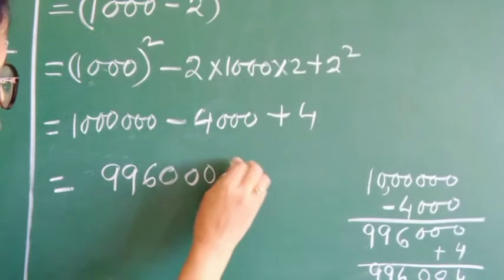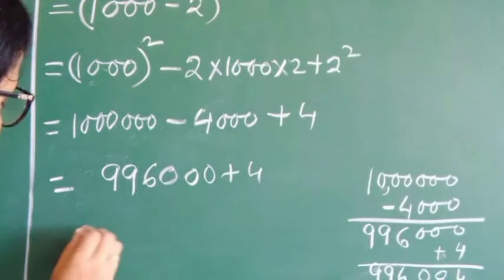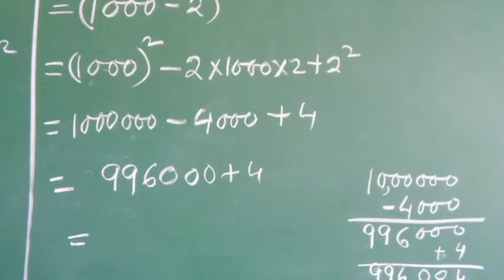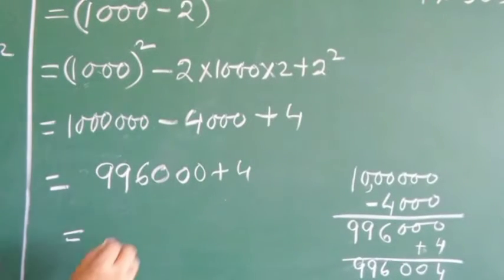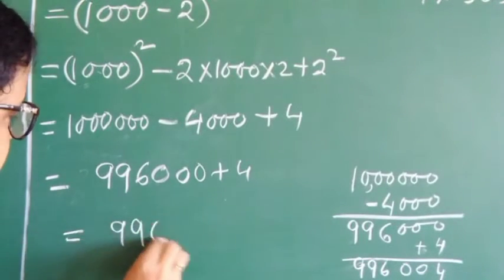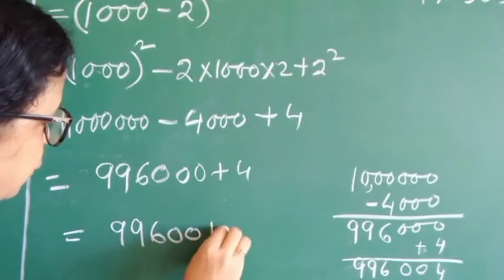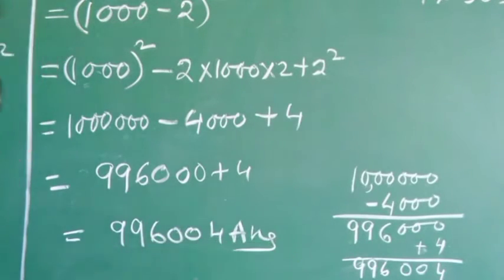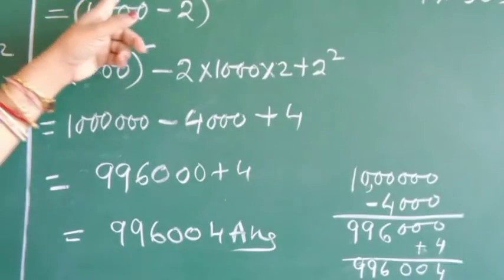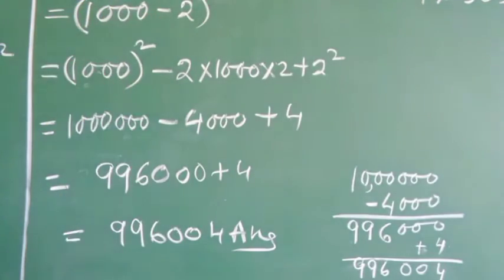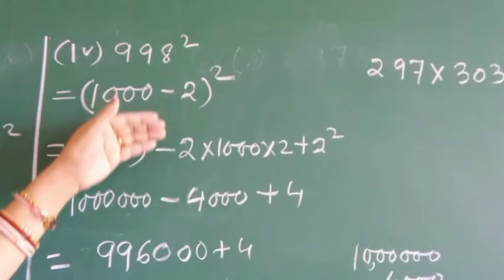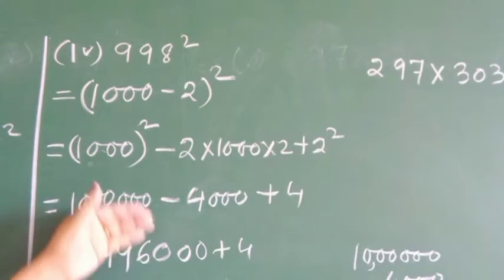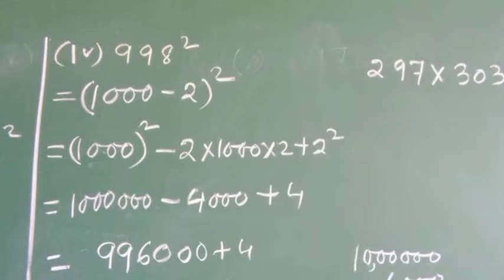Then plus 1. If you add this plus 1 here, what result are you getting? 998,001. This is the answer. Instead of multiplying 999 into 999, we are finding this same value by using identities.